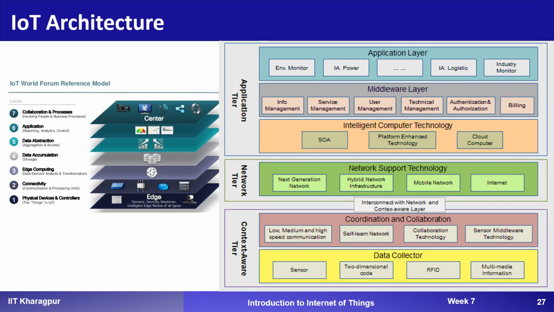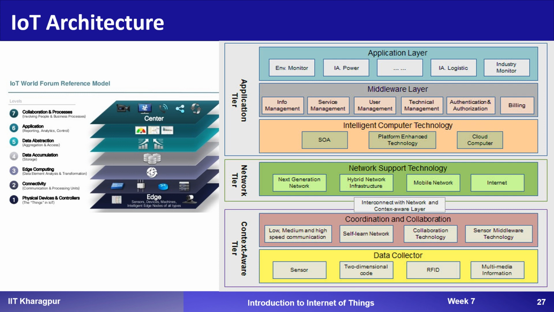Now the IoT architecture. I have already discussed that there is one physical layer where different sensors or actuators or your physical devices are present, then your connectivity layer with the help of which the communication can take place, then the edge computing, data accumulation, data abstraction, application, and different layers are there in your IoT architecture depending upon the architecture which is proposed by different researchers.